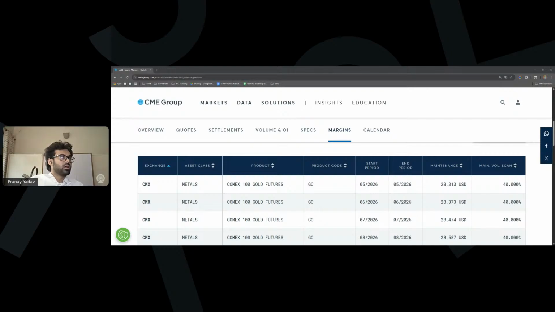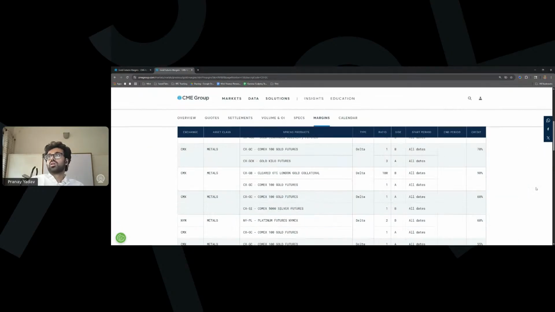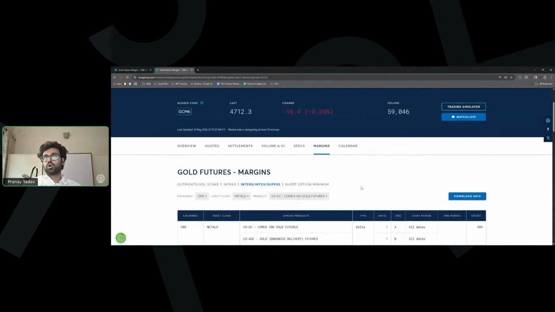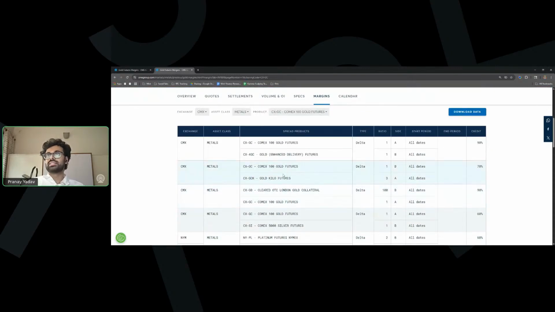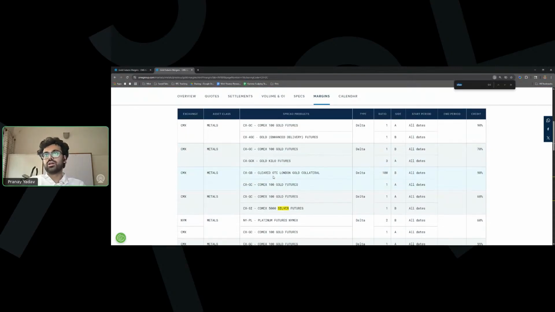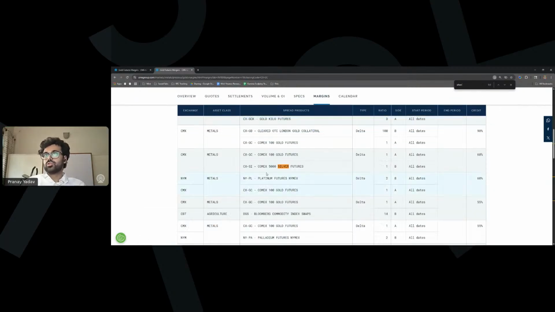Right. So now I've brought on screen what the margin credit for a spread position between gold and silver would look like, right? Let me just pop that on screen and highlight it for your reference as well.